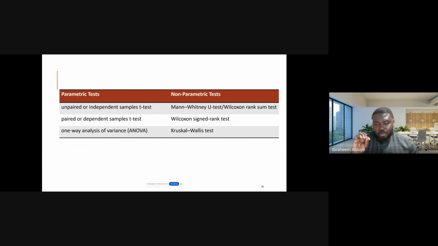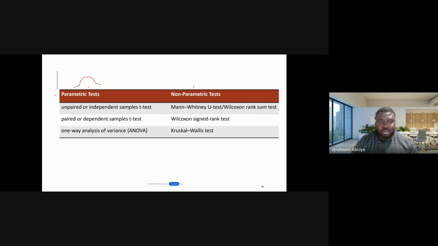There's one group of tests that we have not talked about. I don't know if maybe Dr. Motera talked about it while I wasn't paying attention last week, but those are non-parametric tests. Parametric tests mean that they care about the distribution. These are tests that require you to have a normal distribution.